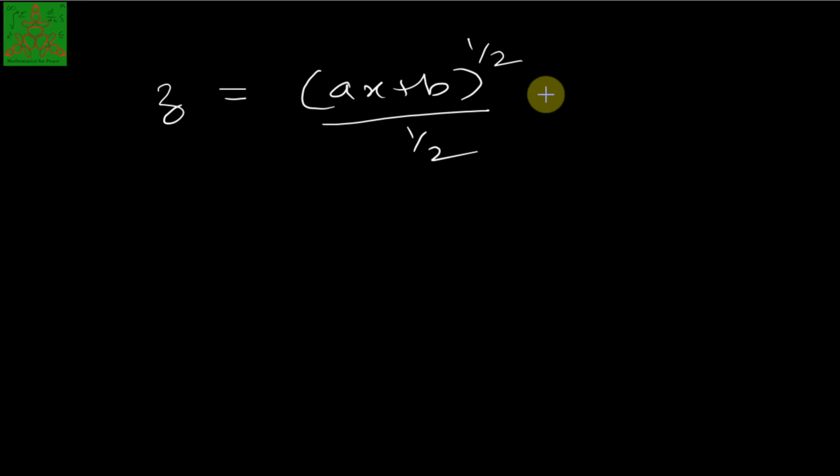Plus some constant, let's say c. Multiply 2 on both sides. So this will be 2 into ax plus y raised to 1 by 2 plus c. That can be simplified as z minus c whole square is equal to 4 times ax plus y, and that is the complete integral in the two parameters a and c we have. Let us solve one more example.